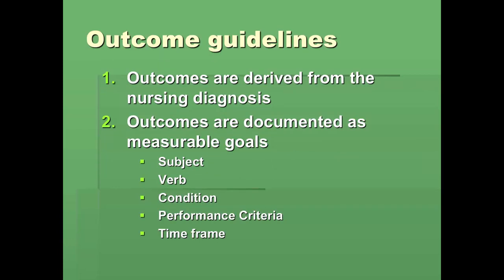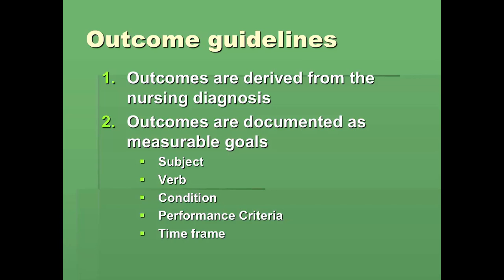In terms of some guidelines for establishing patient outcomes, outcomes are definitely derived from the nursing diagnosis. They need to define specific behaviors that demonstrate that whatever problem we've identified has been corrected, modified, or prevented. So you kind of ask yourself, how will I know that the patient's response has been changed?